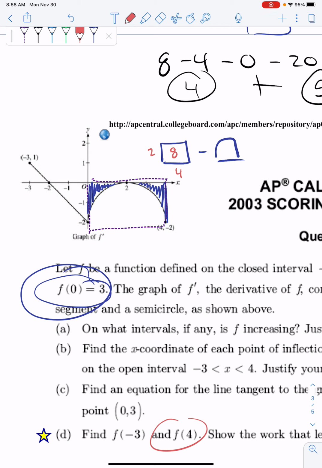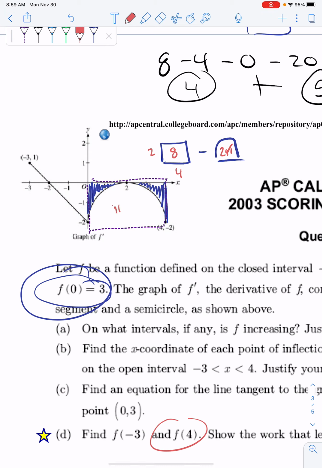My semicircle, it's a circle with a radius of 2. So my semicircle is pi r squared, right? But I have to divide it by 2 because it's a semicircle. So my area of my semicircle just becomes 2 pi.